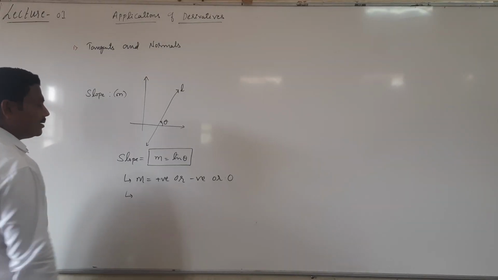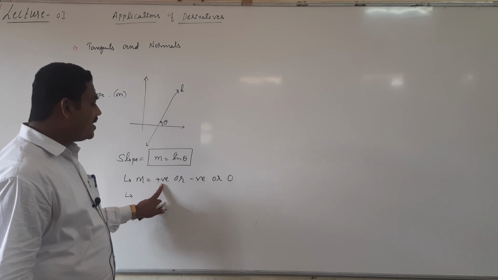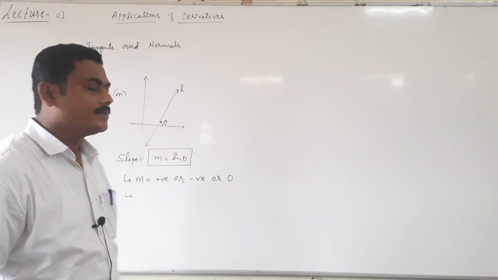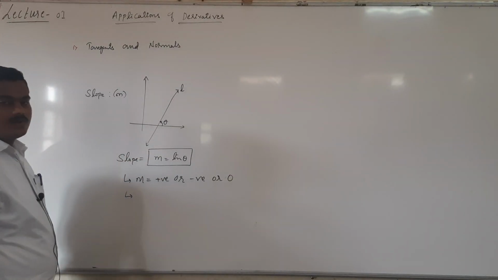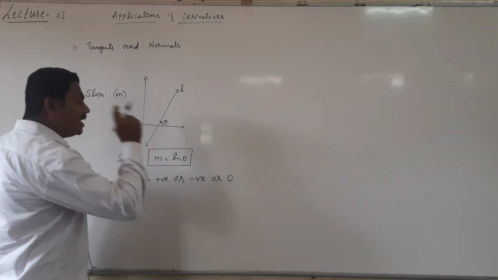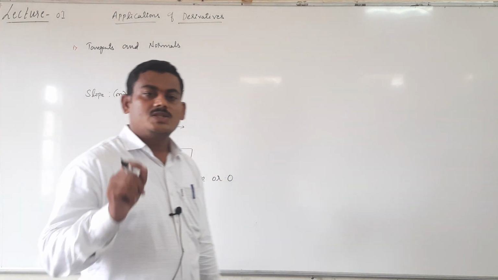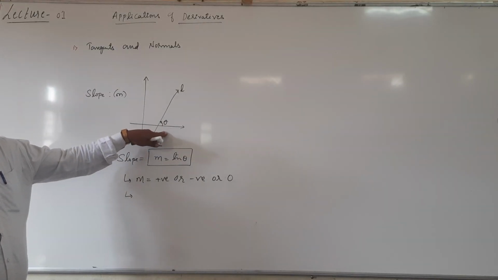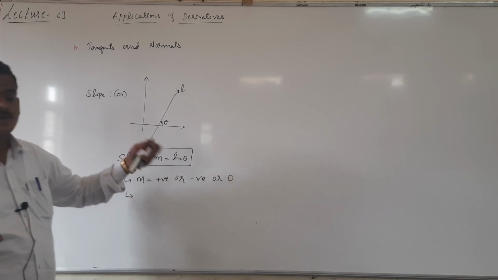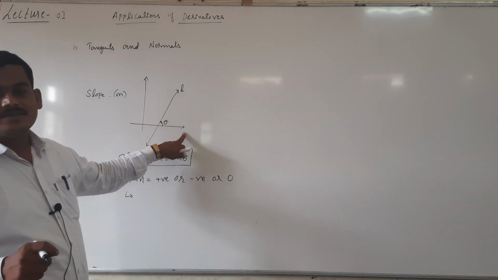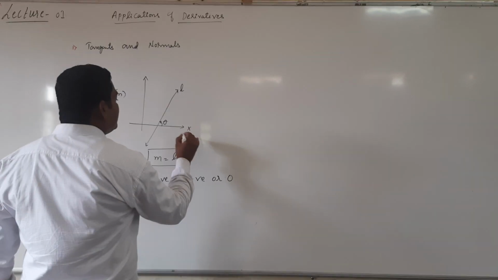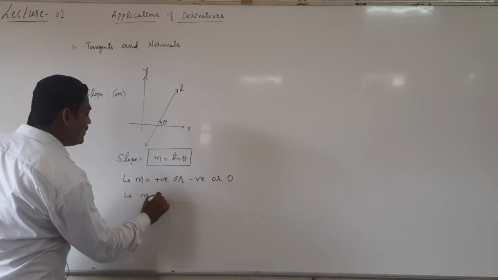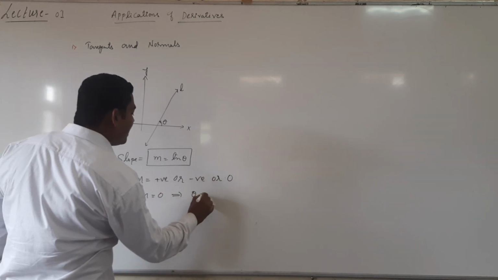Next, slope of the line may be positive or negative or 0. When the slope of the line is 0, when theta is 0, when the inclination of the line is 0, then slope is 0. Inclination of the line 0 means the angle made by the line with x axis is 0, means this line coincides with x axis. This is x axis and y axis, means slope m equal to 0 means theta equal to 0.